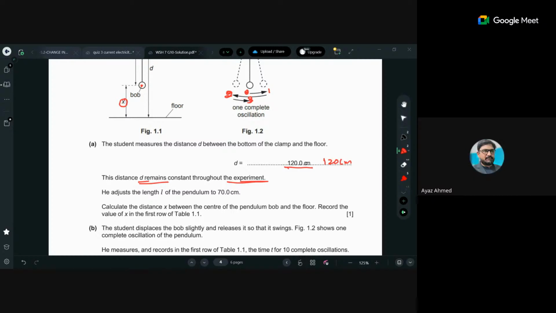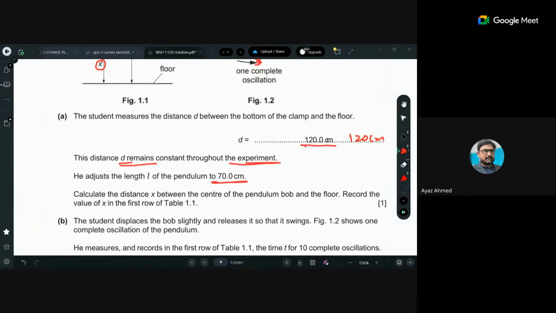Yes, sir. Adjust the length L of the simple pendulum to 70 centimeter. That 70 centimeter length is mentioned there. So this is basically the total length of the simple pendulum, including the center of the bob, or radius of the bob.